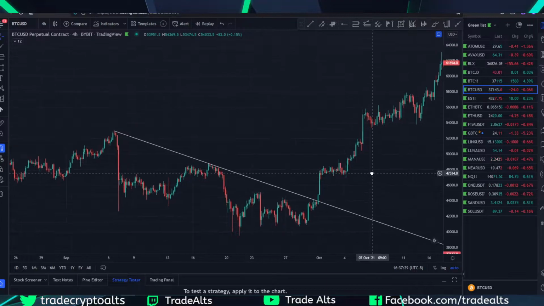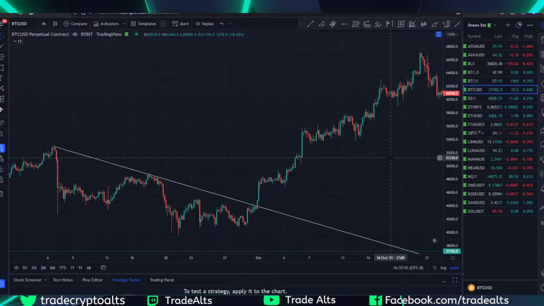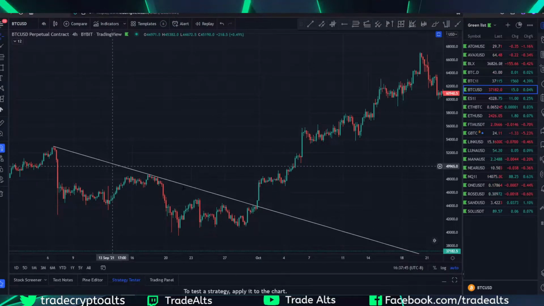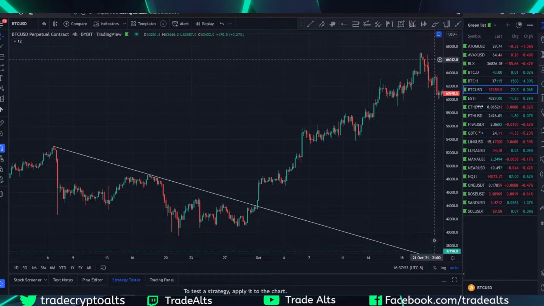And then what happens after that? After you get this breakout, new all-time highs. So again, not that you're going to get a new all-time high every single time that it's broken out, but this is just showing you that once your downtrend was broken, then we got a new all-time high.